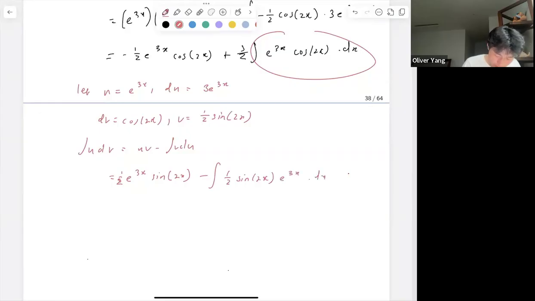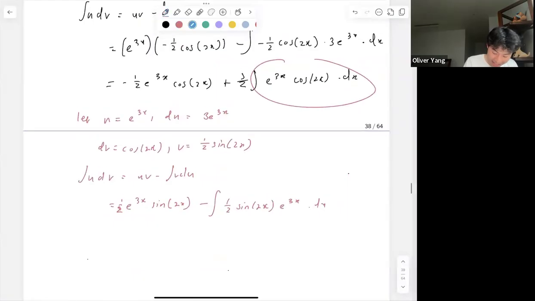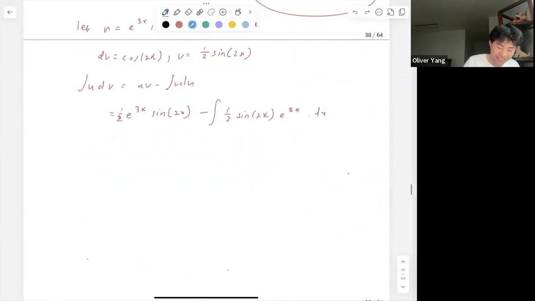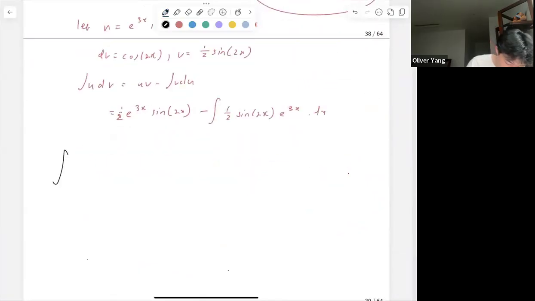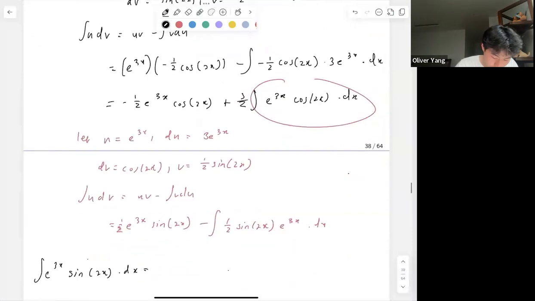And you can see that this term has gotten back to our original. So if we were to write the entire thing, on the left-hand side, the integral of e to the 3x sine 2x. That's our original integral. And then our right-hand side is the process that we've done.